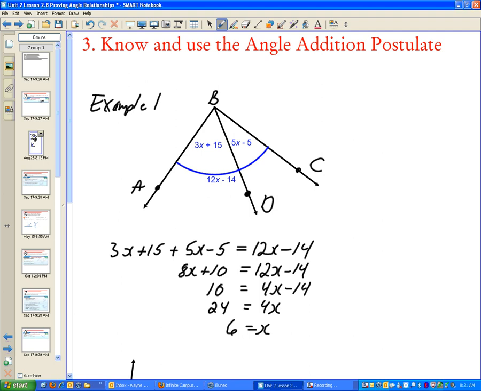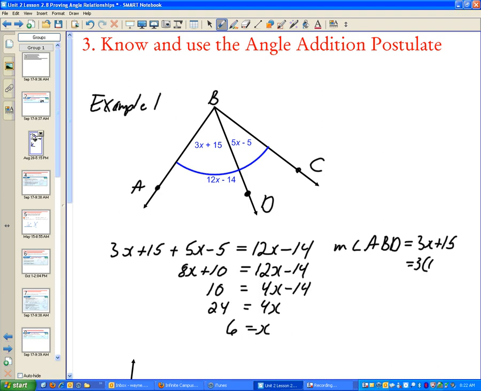Now, you'll have to pay attention to directions. Now that we've found x, maybe we're finished. Maybe we need to find the measures of these other angles. It all depends on what the directions say. Let's say they tell us to find the measure of angle ABD. Well, angle ABD has a measure of 3x plus 15.